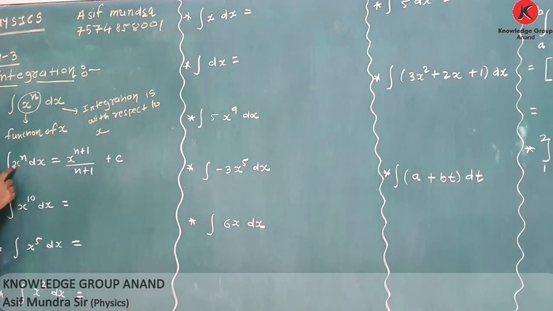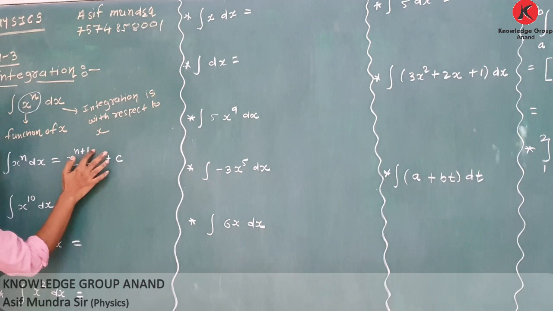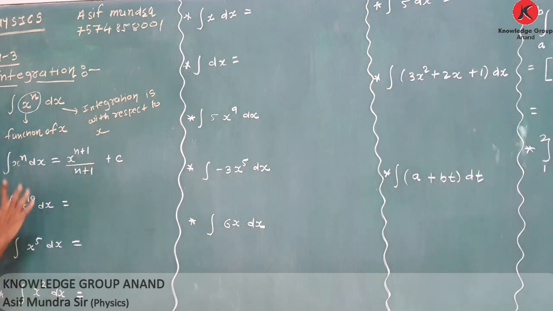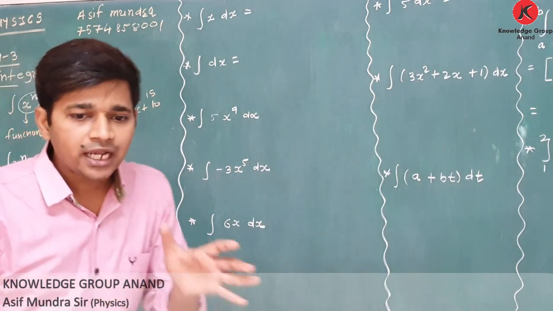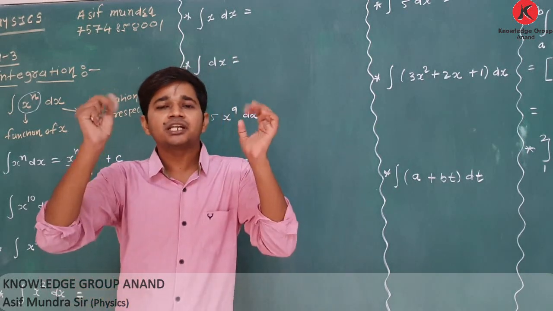See, here x raised to n. What is the power of x? n. You have to add one to the power: x raised to n plus 1. And this power you write in the denominator. Plus c, where c is called the integration constant, and its value we can find with the help of some initial condition.